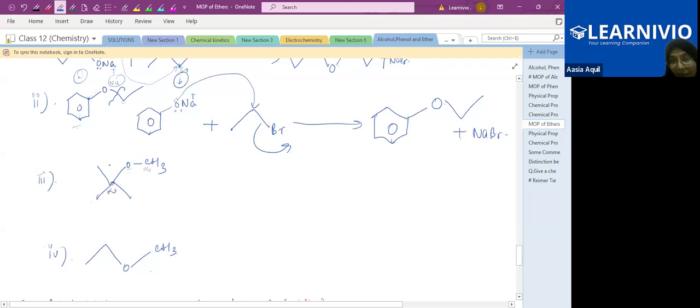Now, this alpha carbon is more hindered. Why is it more hindered? Because there are three bulky groups attached. Here there is a methyl, CH3 group. Here again a methyl group, and here again methyl is attached. This is the tertiary one, and this is your primary one.